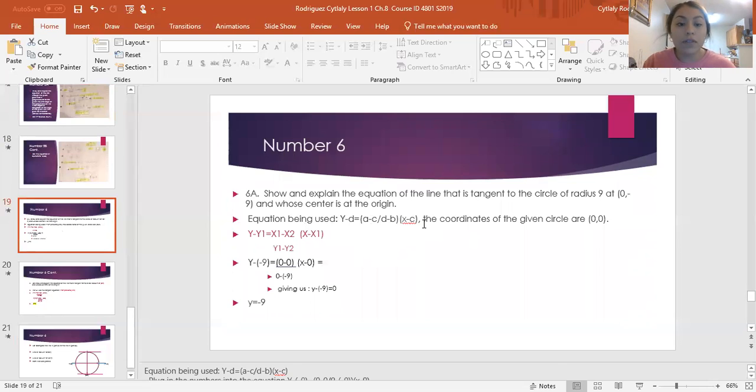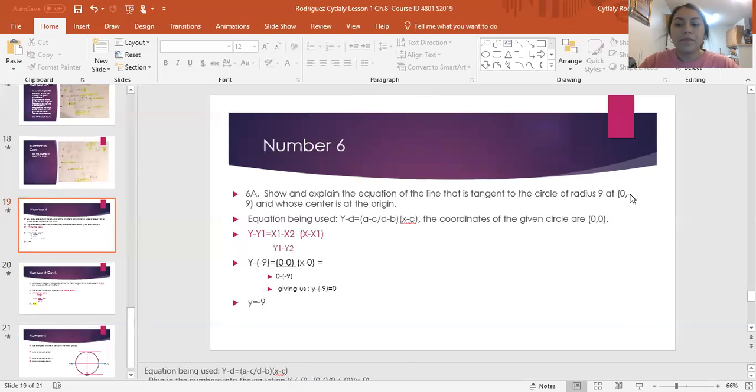That can be all confusing for us. So I like just to think about it as y minus y1 equals x1 minus x2 over y1 minus y2 times x minus x1. It's just easier.